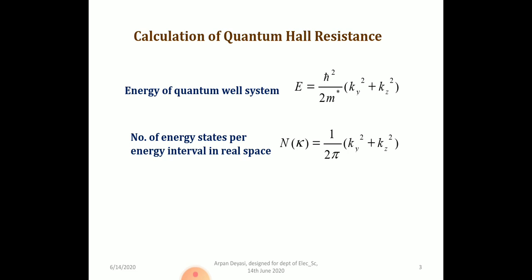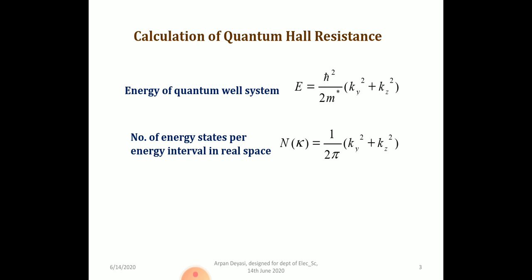So naturally the parabolic dispersion relation E equals h cross square k square by 2m, and similarly k can be written as root over ky square plus kz square. I am not going into the resolution of vectors for these preliminary school level things, so it's quite familiar to all.